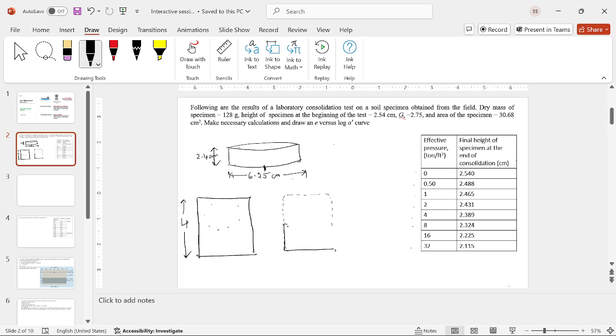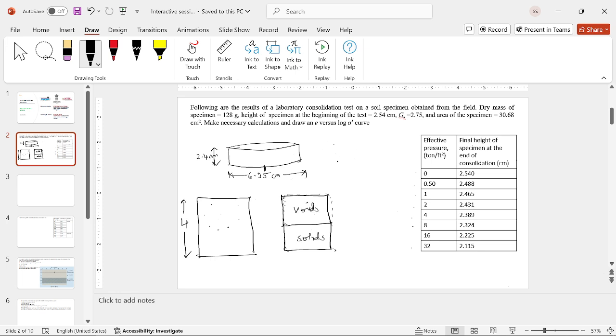Let us assume that all the voids have been taken and adjusted in the upper part, where we have this two-phase diagram. Let this be solids, let these be voids.